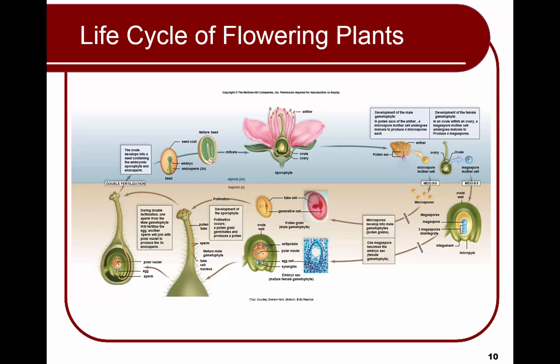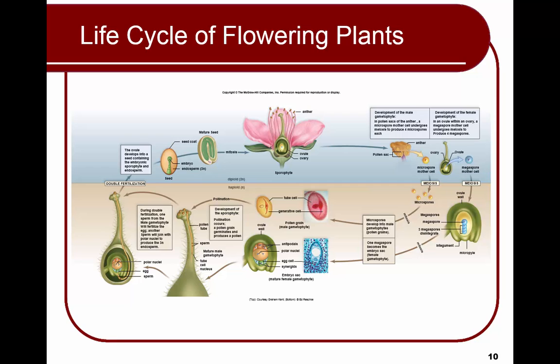And this is just showing you the life cycle, which you can review, but you've got fertilization happens, and the ovule develops into the seed, and it's going to contain the sporophyte and the endosperm, the nourishment. This is the mature seed. It goes through mitosis, and it eventually makes this sporophyte, which again is diploid. And you've got the pollen sac with the anther, with the microspores that will develop.